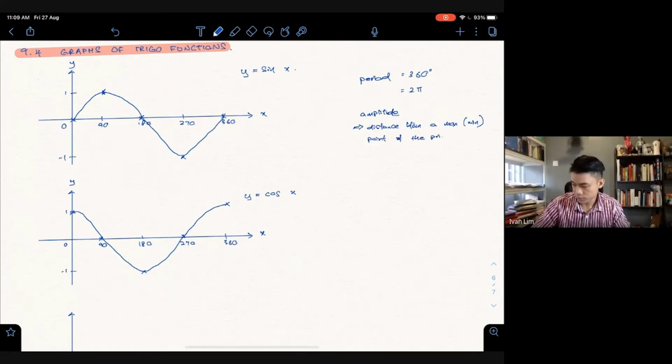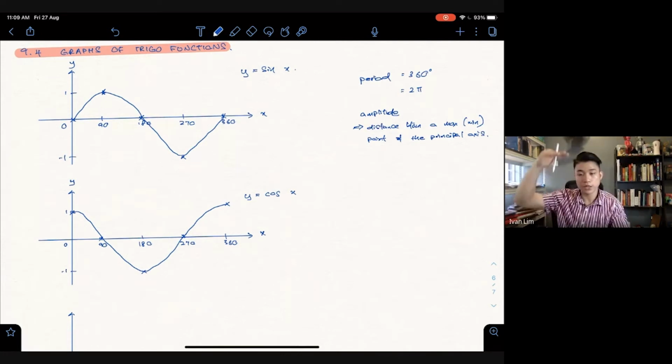Principal axis means your middle axis. It's not always 0 because sometimes your graph might shift. So just remember, principal axis means the middle of your entire graph.